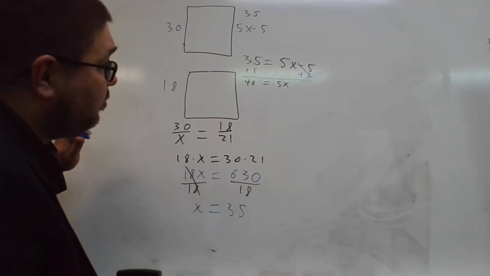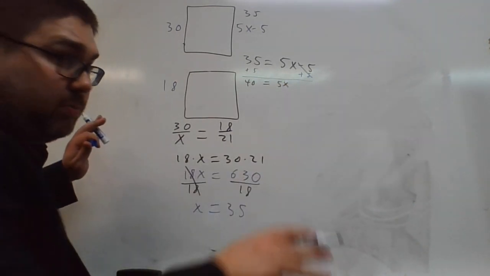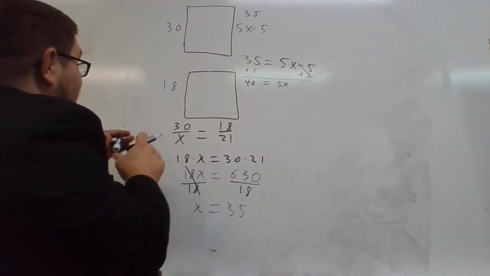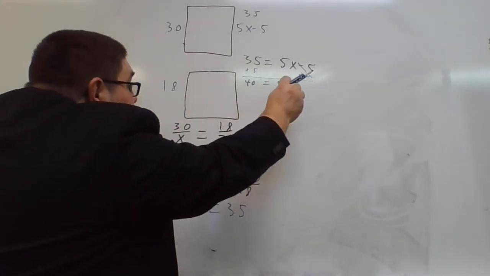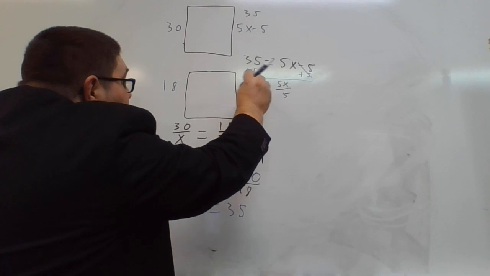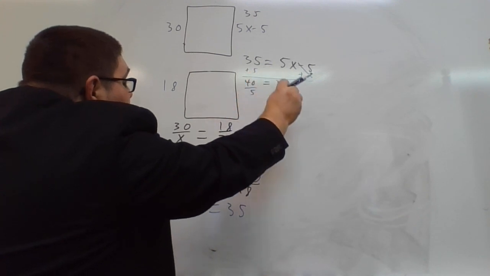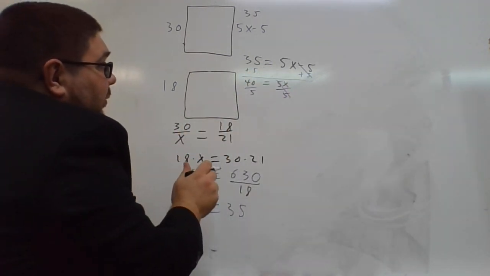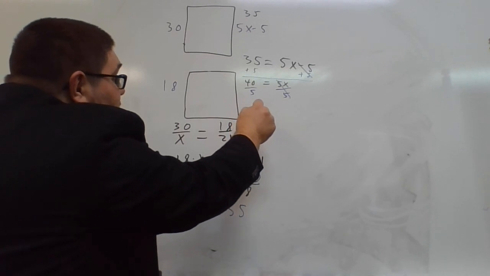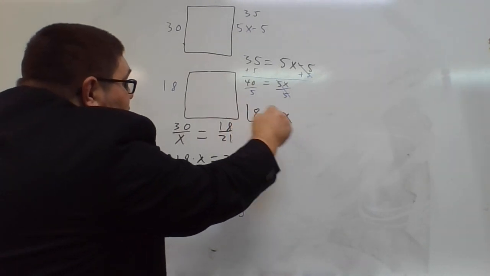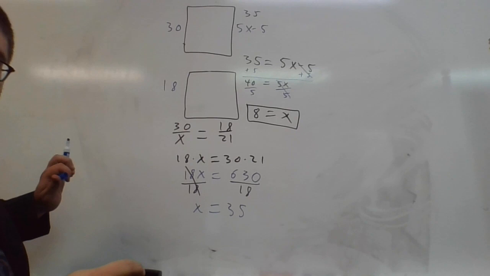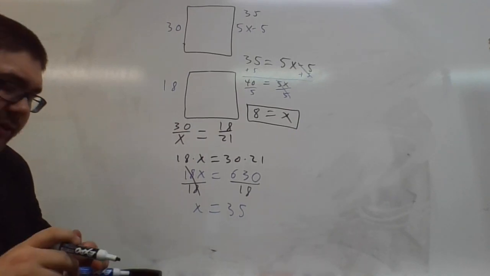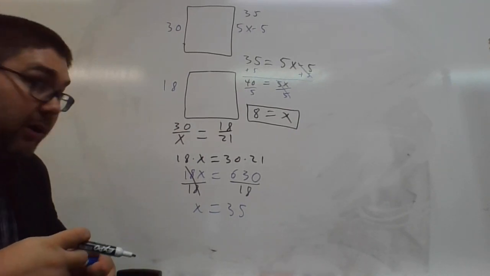Now, again, it's multiplication, so we divide each side by 5. 40 divided by 5 is 8. And what do you know? We got the same answer that we got the other way.